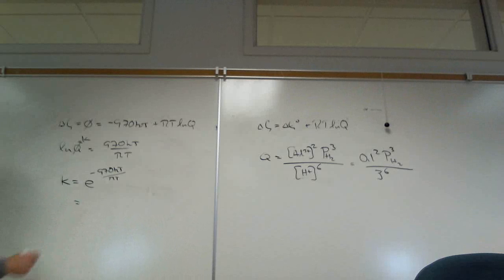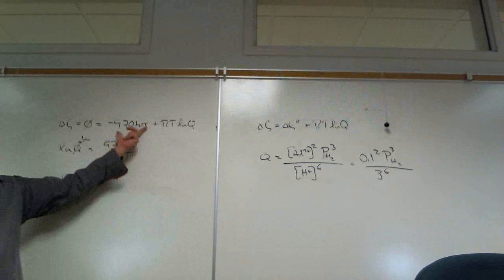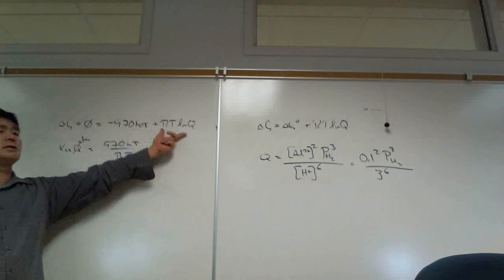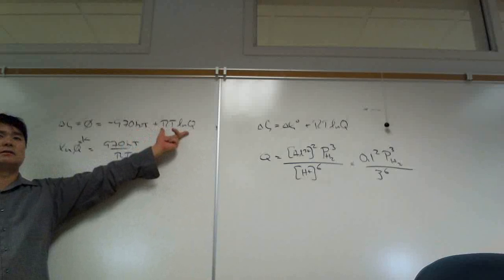So what does that come out to then? What is delta G 0 again? What does this negative mean here? It's spontaneous. So we want to change the second term to be positive.